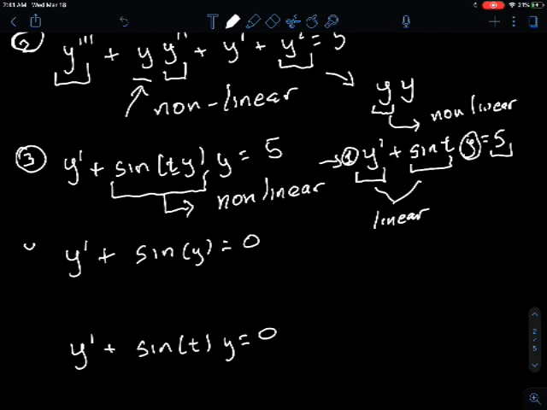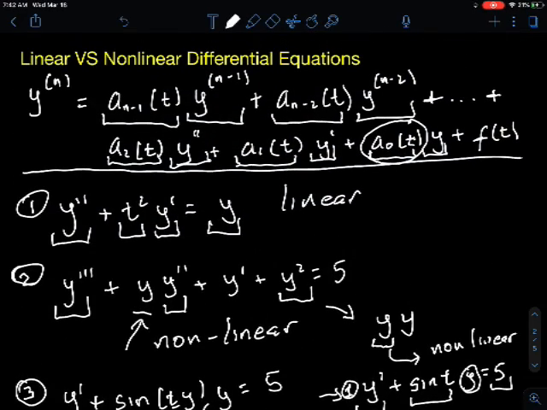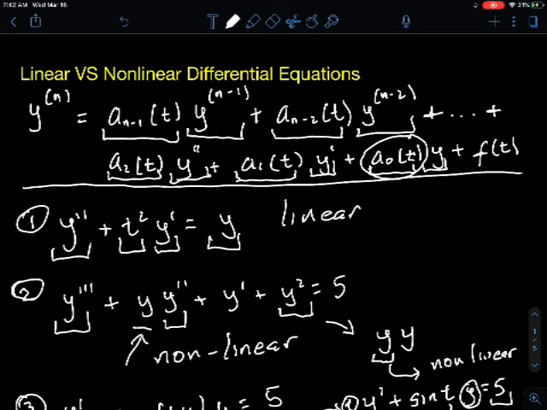Okay, so problem number 4. In this case, this is nonlinear also. The reason is that it doesn't follow the definition of a linear differential equation, where the derivatives should be in decreasing order, and we have the y here.